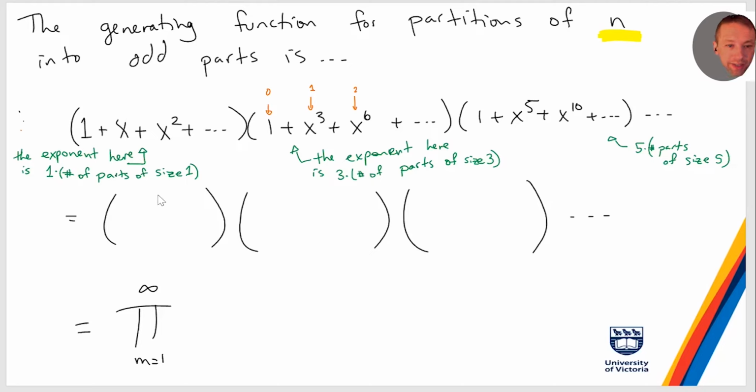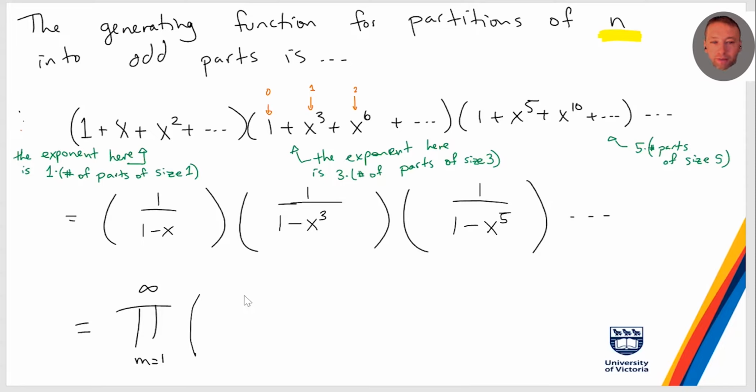And this I can write as, so the first one I can write as 1 over 1 minus x. This one is 1 over 1 minus x cubed. This is just by the standard kind of generating function we understand, which is the geometric series. This one's 1 over 1 minus x to the 5. And in general, we get that. So if you think about it, we're doing all the odd powers.